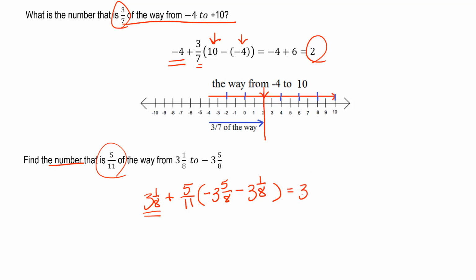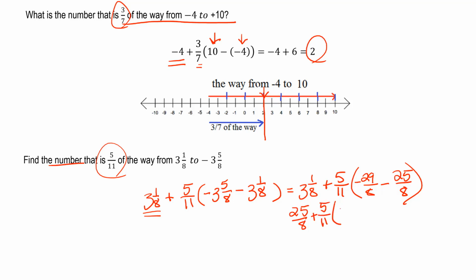So that's 3 1/8 plus 5/11 times -29/8 minus 25/8. So that is 25/8 plus 5/11 times -54/8.